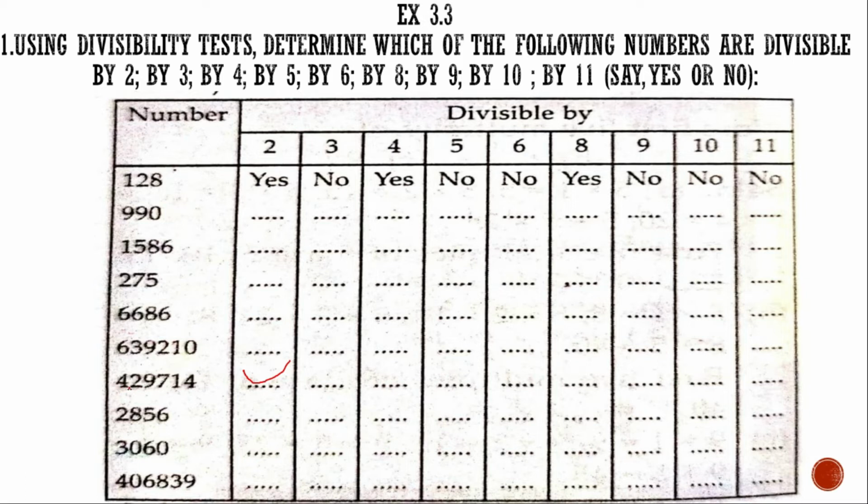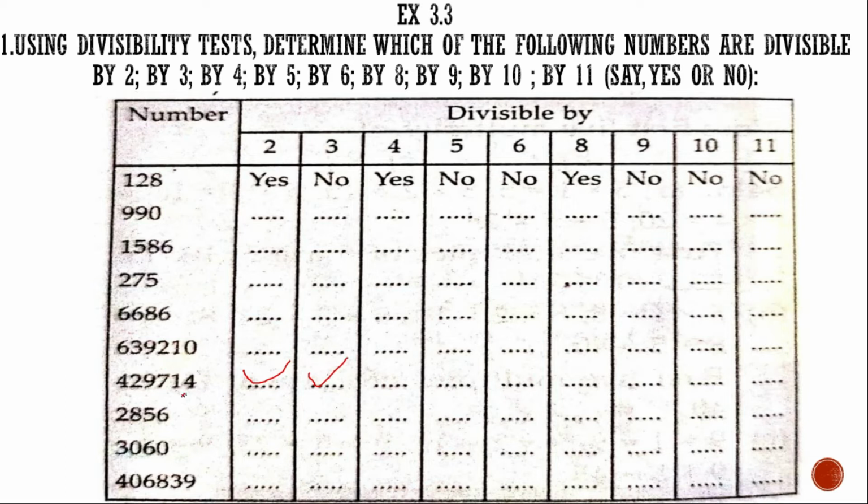Add 4 plus 2 plus 9 plus 7 plus 1 plus 4. So what will it give you? 6, 6 plus 9, 15, 15 plus 7, 22, 23, 27. 27 is divisible by 3 or not? Yes, it is divisible. So this number is divisible by 3.